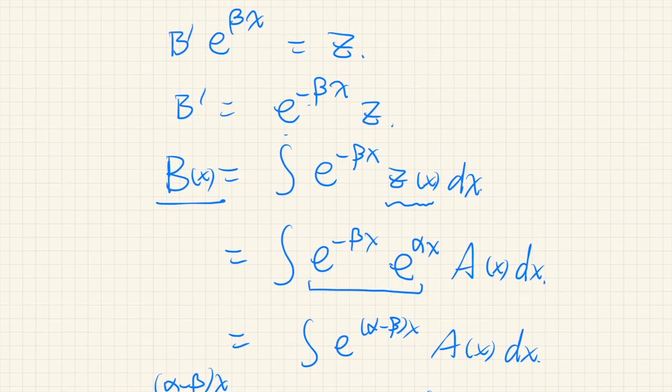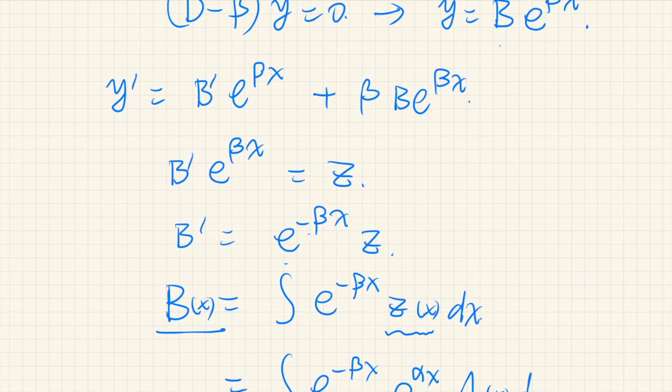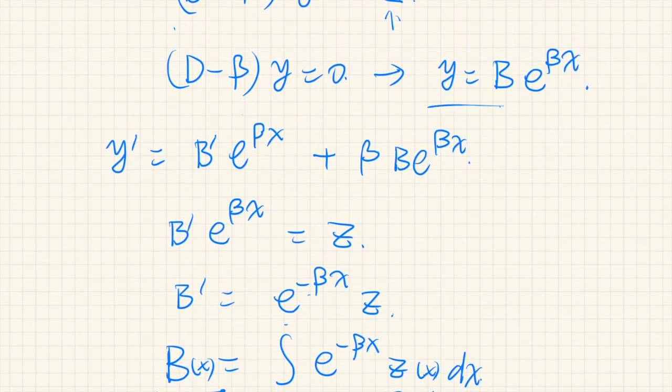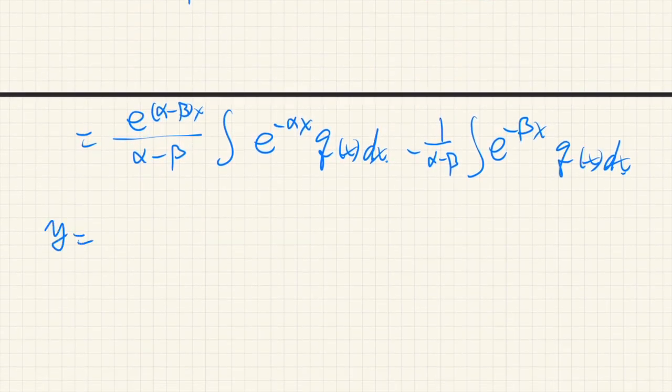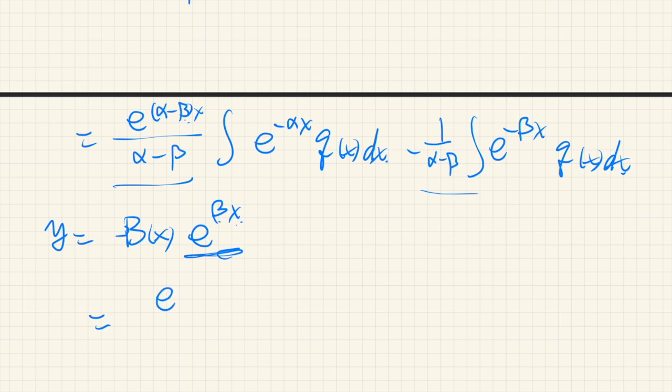Okay. So after all, the final special solution should be of this form. So that means y is equal to b of x times exponential of beta x. So multiply this factor to everything here, and this beta x should cancel this beta x here, and we have exponential of alpha minus beta x, and negative alpha x, q of x dx.